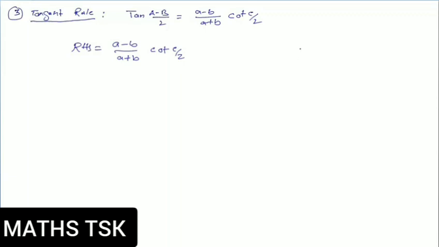According to sine rule, we know that a is equal to 2R sin A and b is equal to 2R sin B, these formulas.